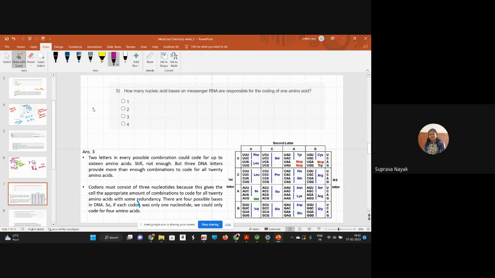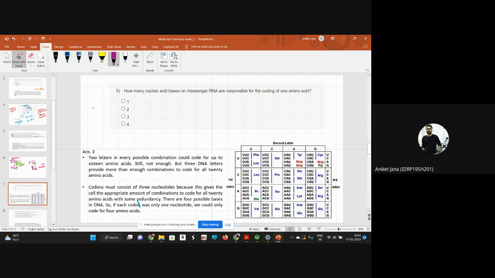A combination of any three nucleotide bases can code for one amino acid, I think. Yes, so if we take two bases, then it is not sufficient to cover all the 20 amino acids. So we need a triplet code of bases to cover all 20 essential amino acids.